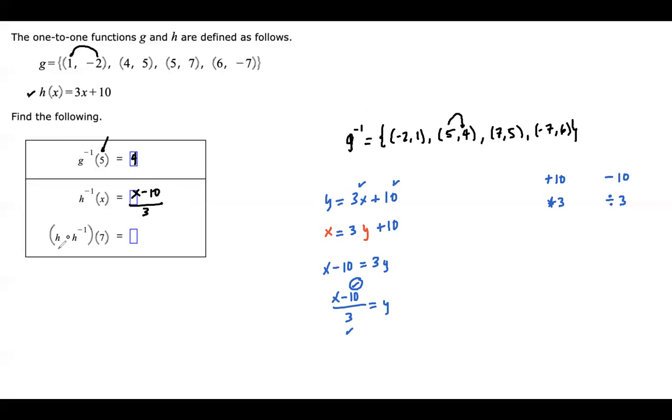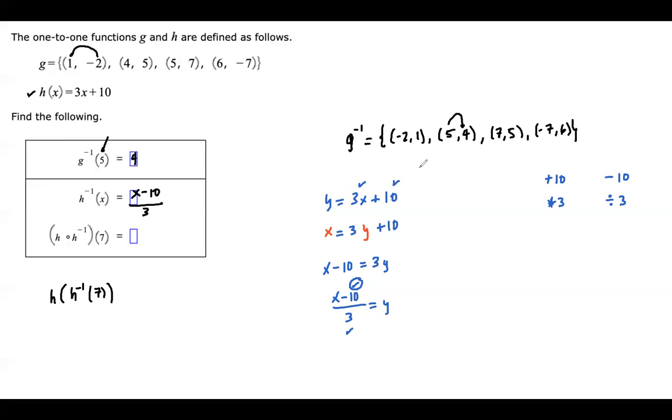And on this final question, we're being asked to do h composed with its inverse function, but evaluated with a 7. We know that the antidote is the inverse function. So if the inverse function takes a 7, it's going to produce an output.